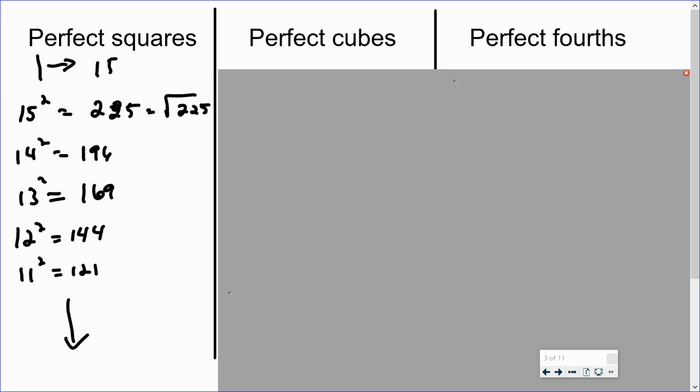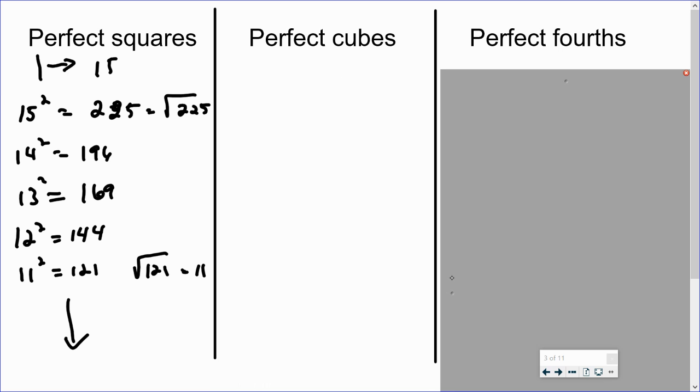Now remember, when I talk about the square root of 121, I know that's going to be 11. Perfect cubes: we multiply the number times itself 3 times. I know 1 through, really, 1 through 5, maybe 6.